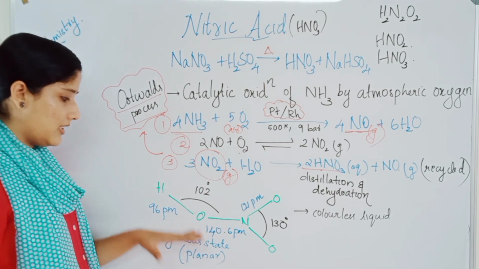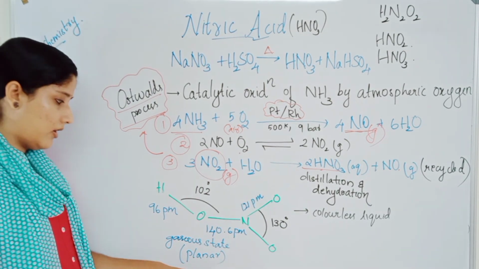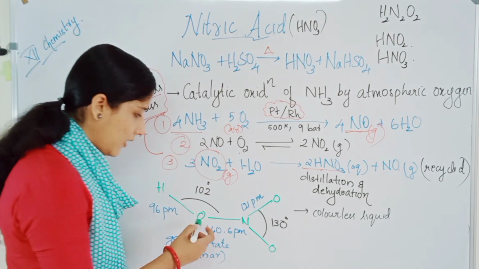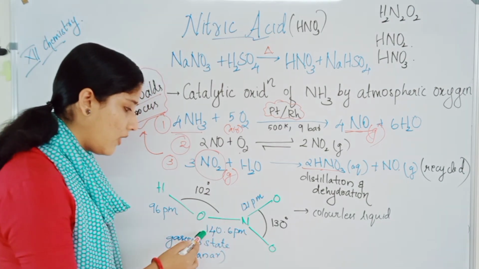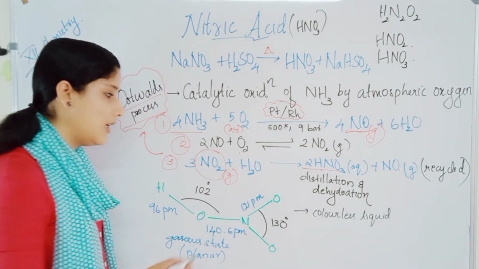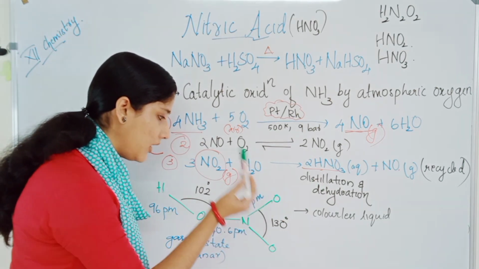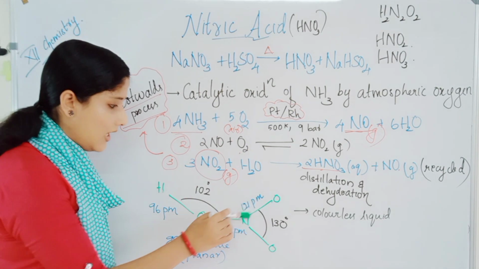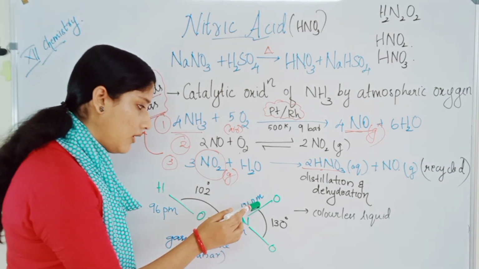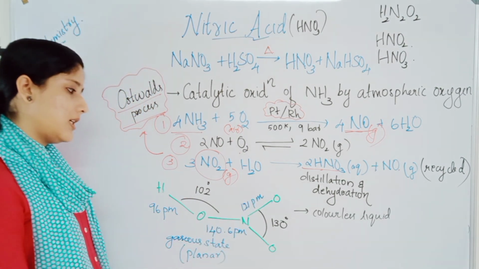It is like this. In the gaseous state, it is planar. Look here. The N-O bond length is 140.6 picometer. This N-O bond here is 121 picometer. Both these N-O bond lengths are 121 picometer.